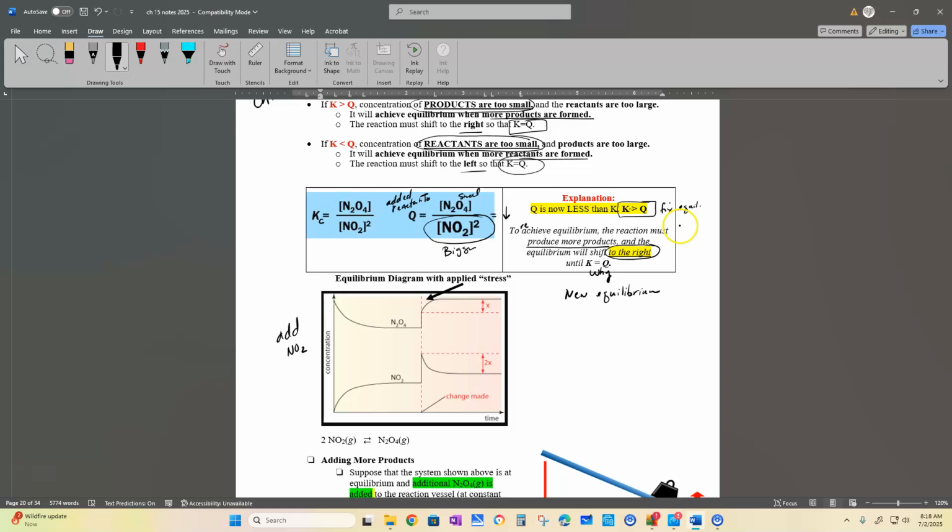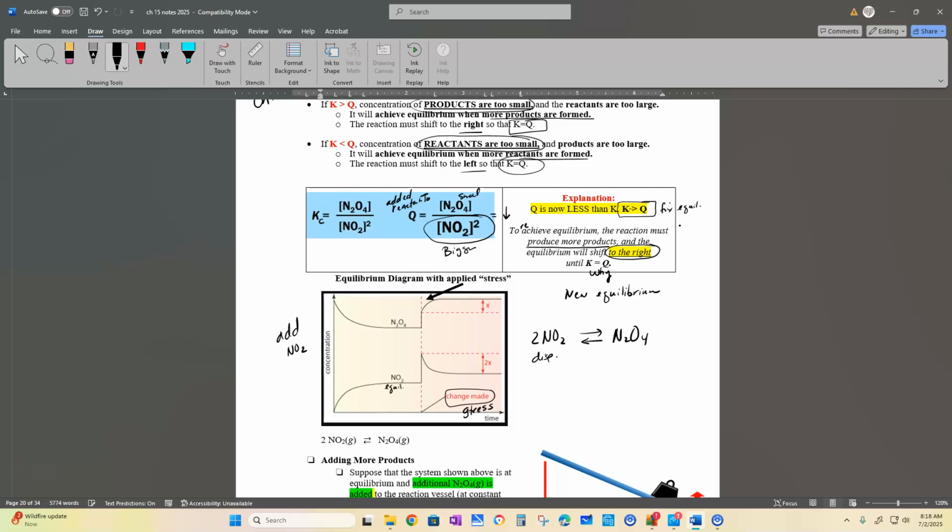And remember, my NO2 is a reactant. What happens to reactants over time? Well, they're disappearing over time. So I had equilibrium, so this was equilibrium, flat line. And then right here, the change is made. I added that stress.